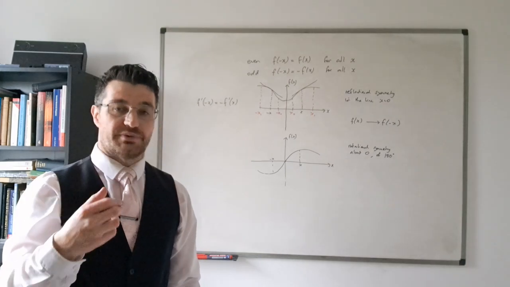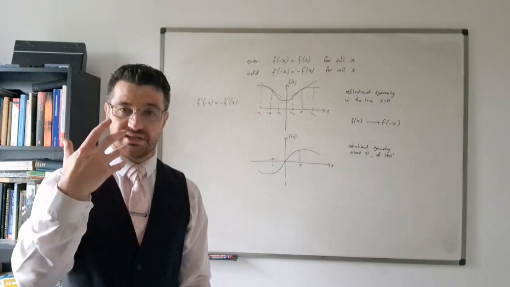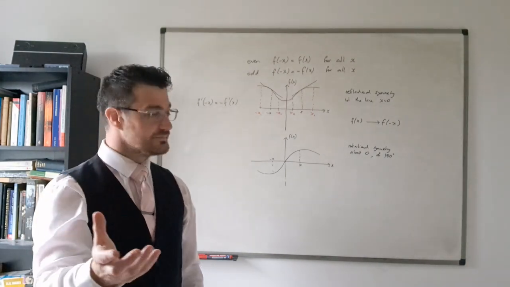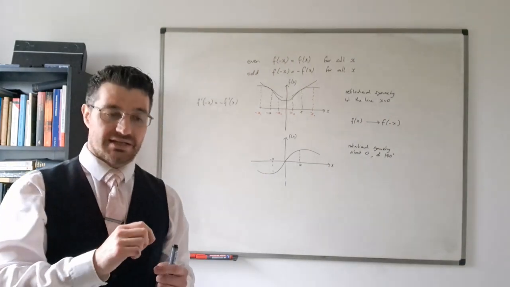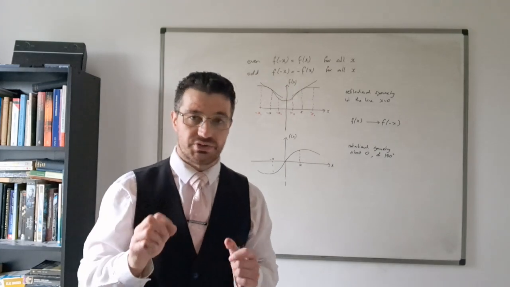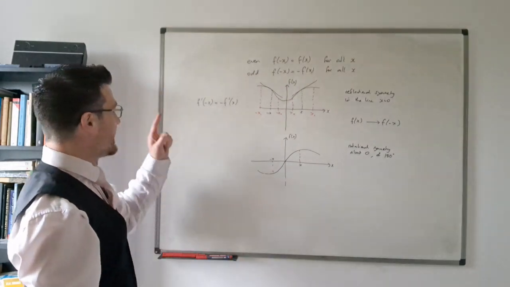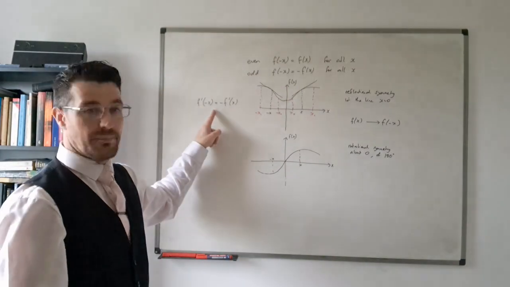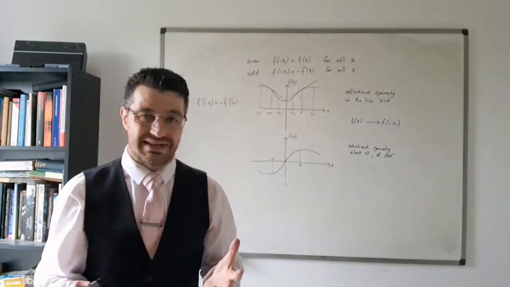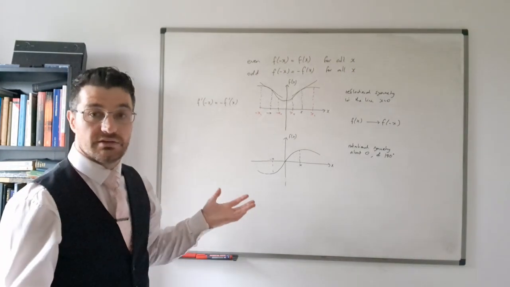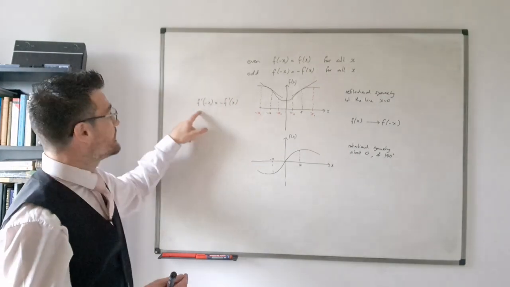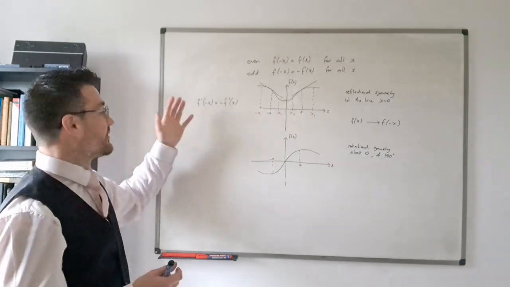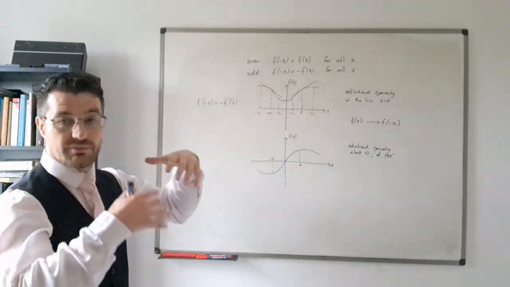I can explain things using my voice here via the video. You would have to obviously express your ideas clearly in your exam in writing, and you must do this. Do not just write this somewhere on the page and expect your examiner to know what you mean. Say this fits the definition of an odd function, and therefore the gradient function of an odd function is such and such.